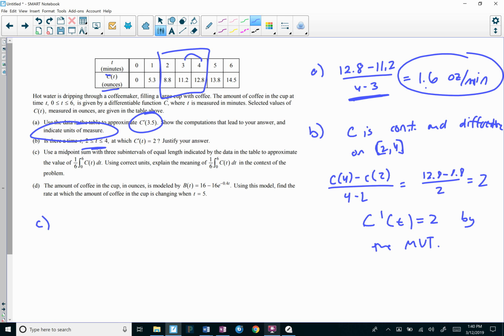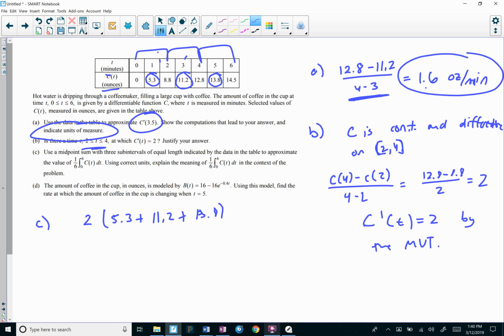Okay, part C, use a midpoint sum with 3 subintervals. So 0 to 2, 2 to 4, 4 to 6. There's 3 subintervals, all evenly spaced, so they're all 2 apart. The midpoint values will be 5.3, 11.2 and 13.8.